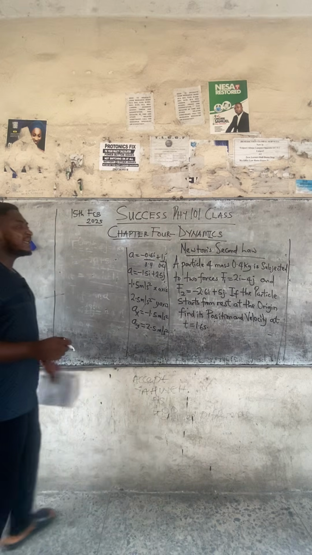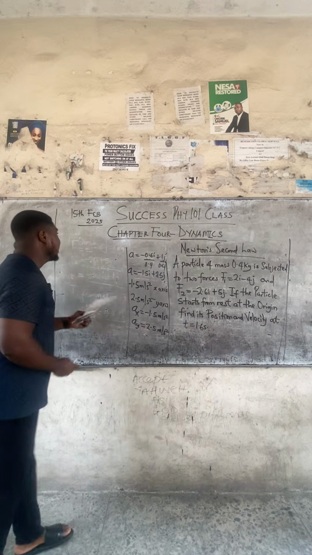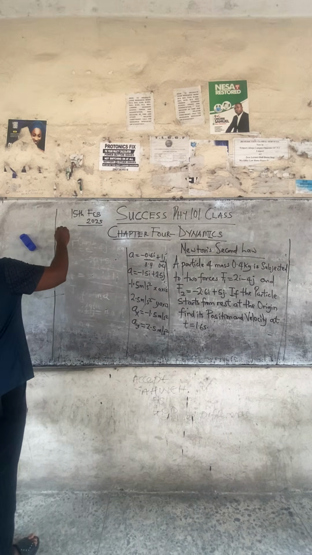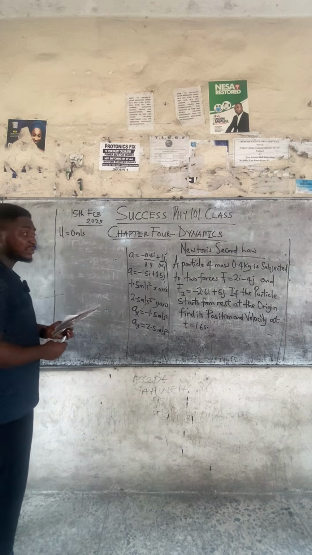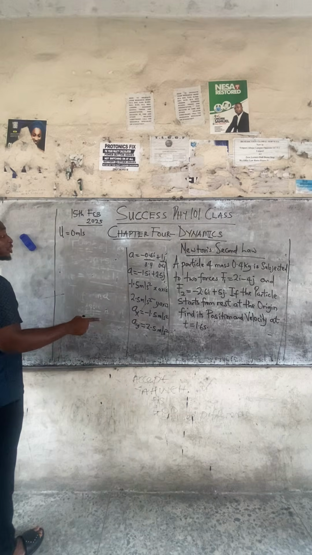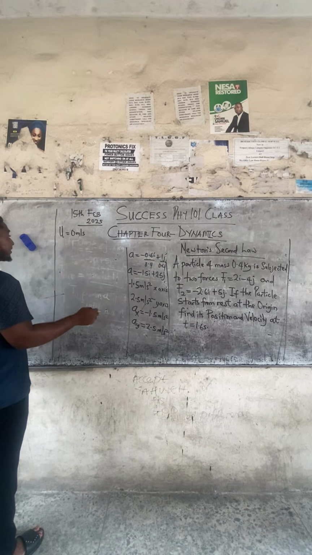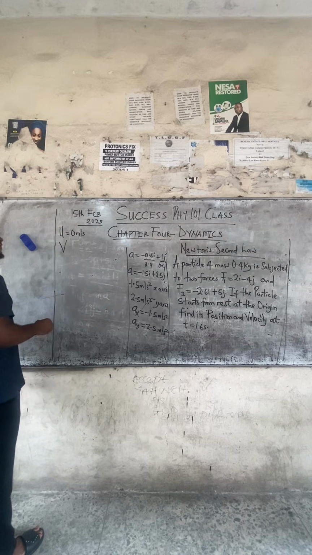But class, did they tell us that the particle starts on rest? If the particle starts on rest, it means that u, the initial velocity, is 0 meter per second. Find its position and velocity at t equals 1.6 seconds. Now let's just find the velocity.